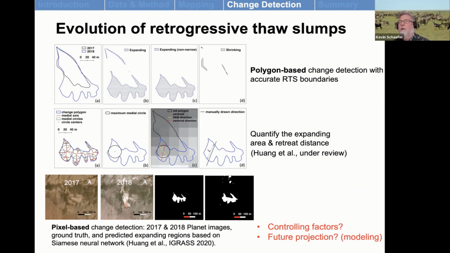Yes, Lingcao, aren't you working with Christy Tiempo on similar techniques? Yes, I will use the same techniques, but I haven't started yet on the thaw slump area from satellite images, and also landslides from high resolution images.